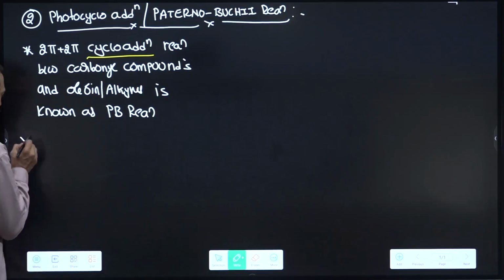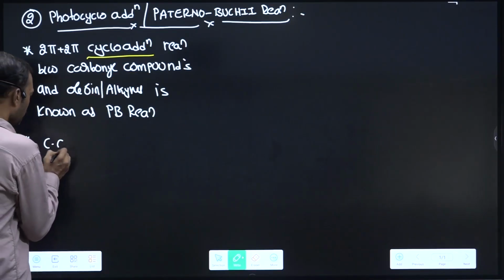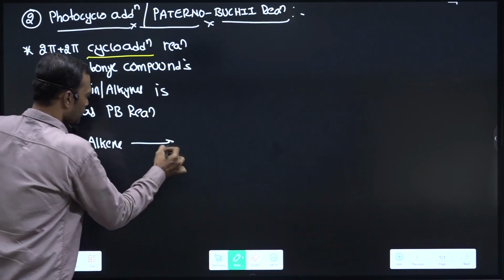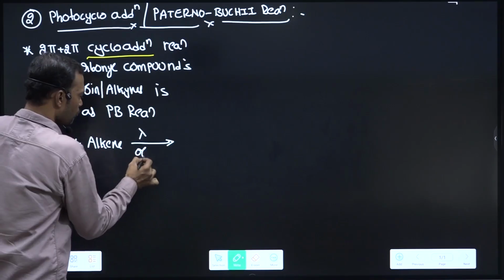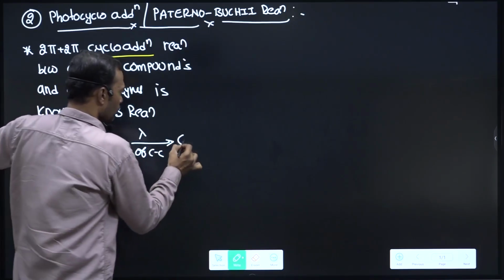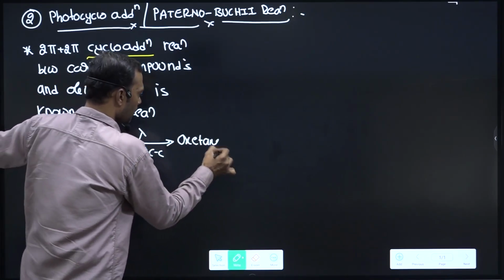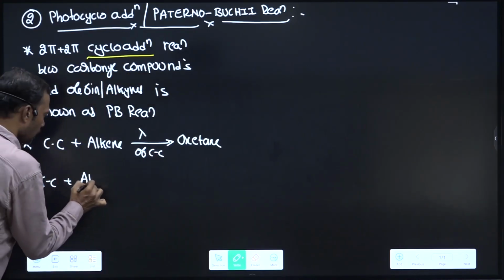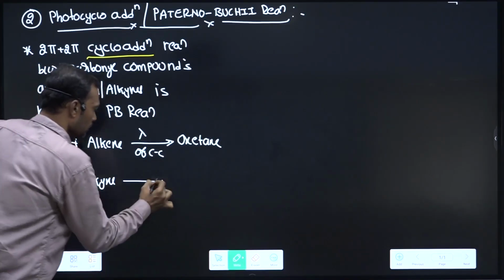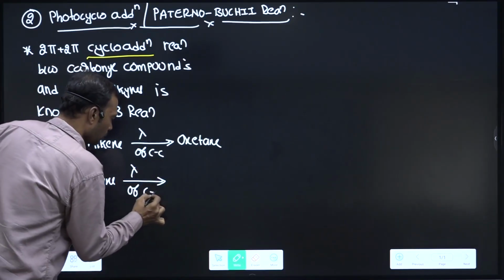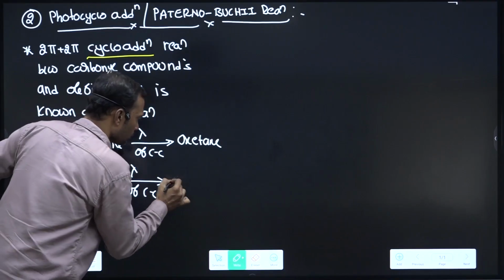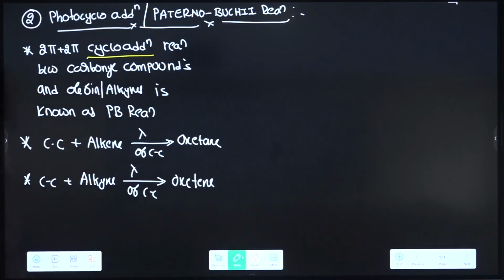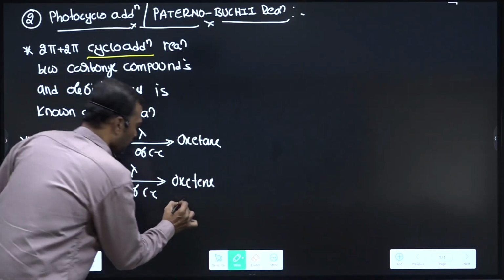alkyne. So normally if I take a carbonyl compound reacting with an alkene, under light, now here you will expect an oxetane. The same carbonyl compound reacting with an alkyne triple bond under light, here we will expect an oxetene, a 4-membered oxetene. This oxetene is unstable, it undergoes ring opening.